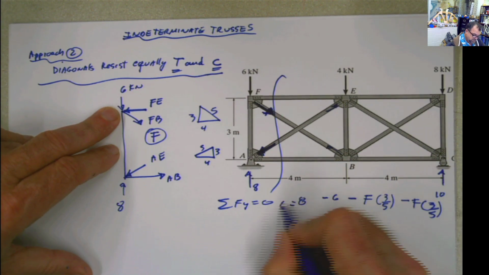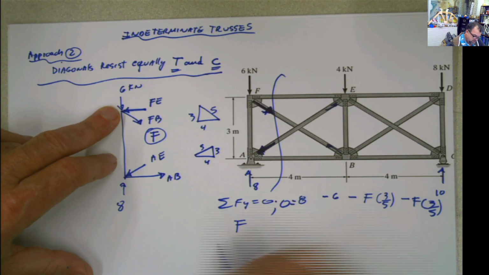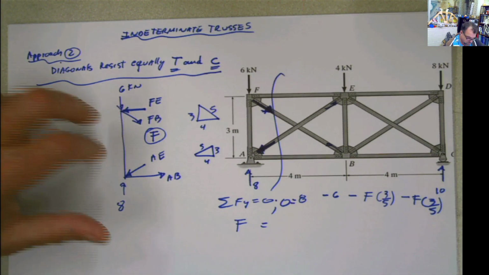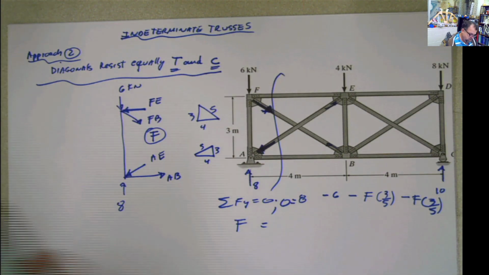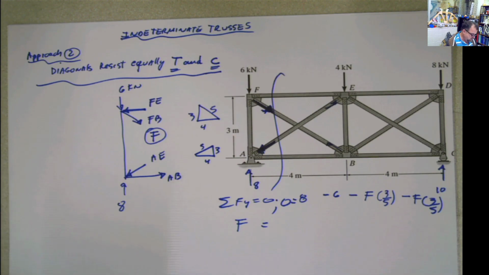And that's going to be 0. So when you solve, F is going to be equal to 8 minus 6 is 2, 2 divided by 6/5, that's 10 divided by 6.